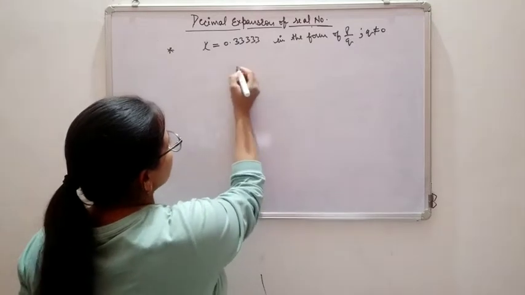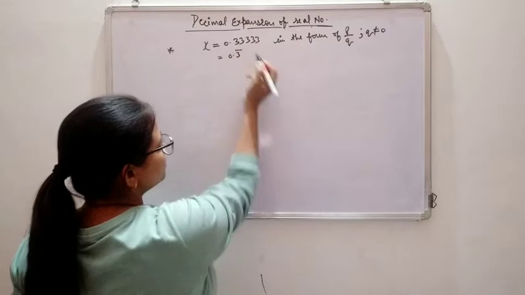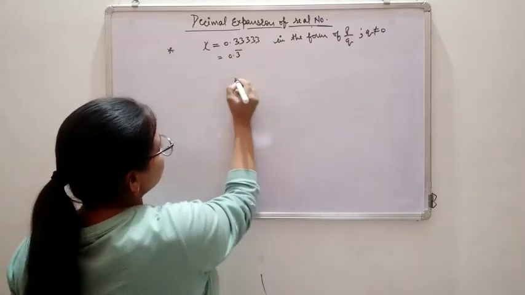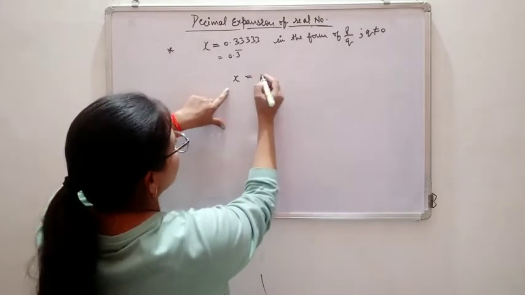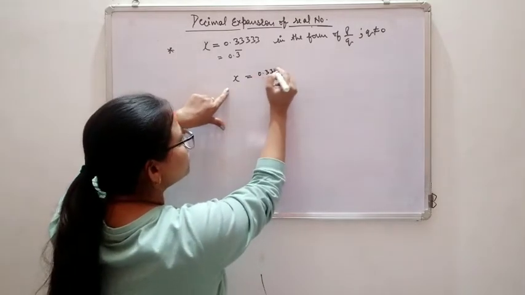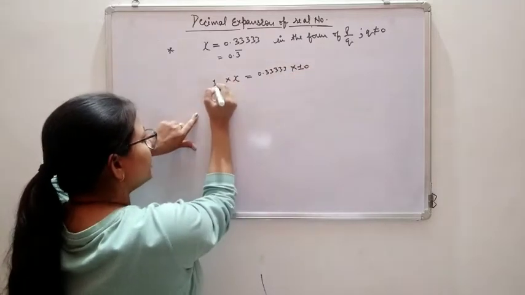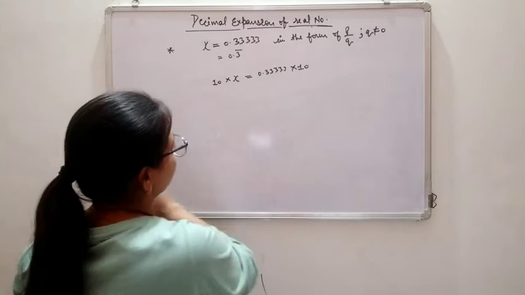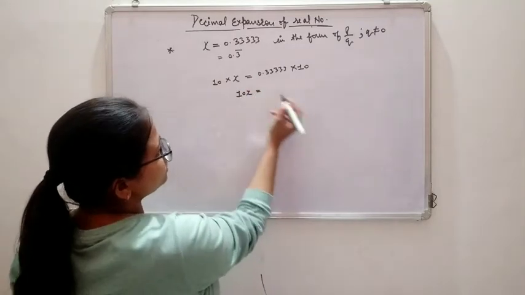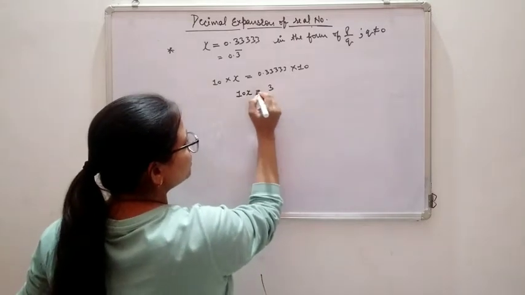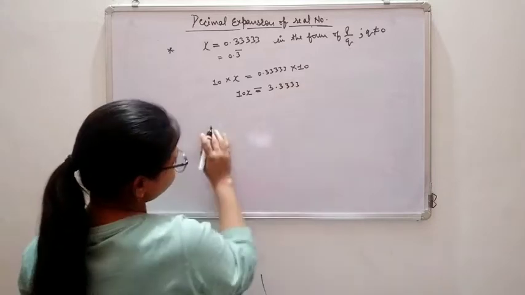Let's suppose this is the number and we can write it as 0.3 bar. Let's multiply by 10 on both sides. On the right side, 0.33333 times 10 gives 10x equals 3.3333.